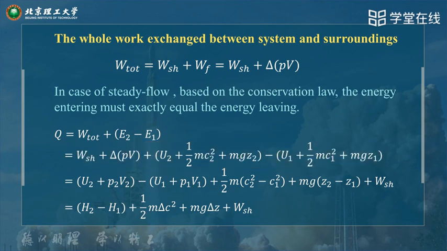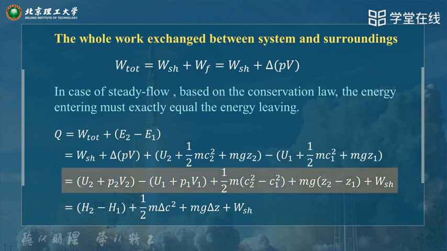But this equation includes some state 2, state 1 from the input to the output. From this way, we can obtain U2 and P2V2 minus U1 plus P1V1. We can find these two terms are very similar, U and PV.